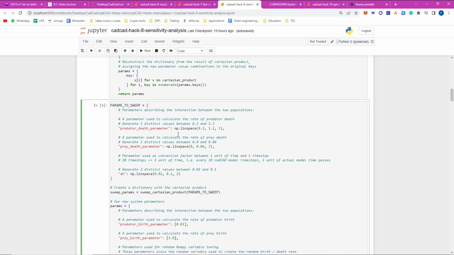For example, the first number is the initial number, the second number is the final number, and the third number is the amount of numbers that you want within that interval, and they are equally spaced. I think it returns a list, like 0.2, then 0.7, and then 1.2. Yeah, I think that's it.